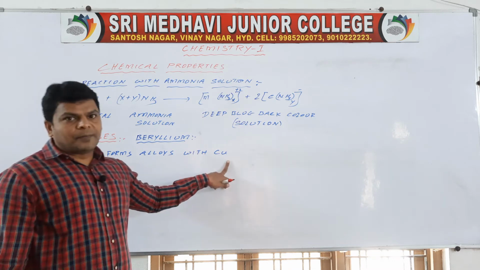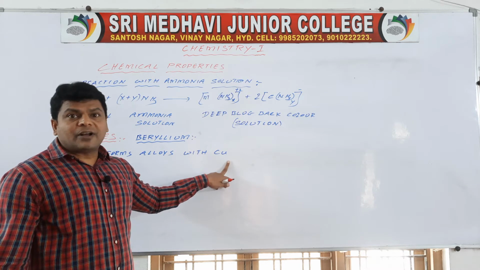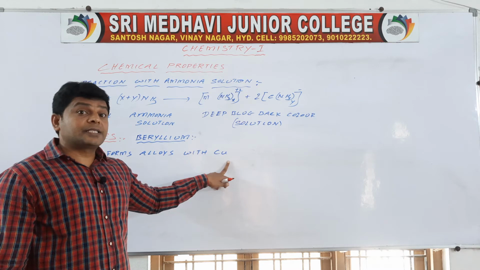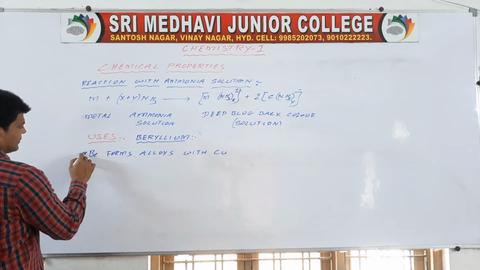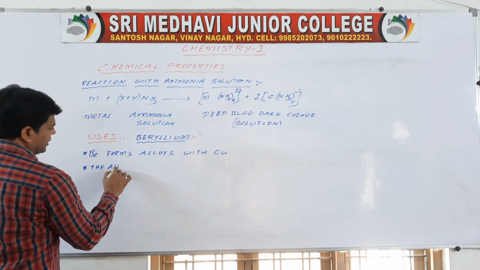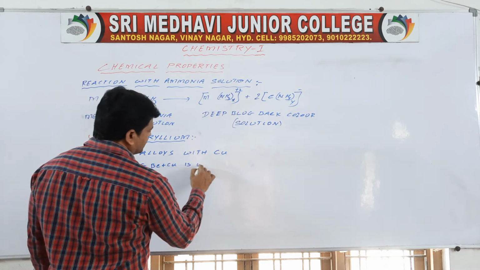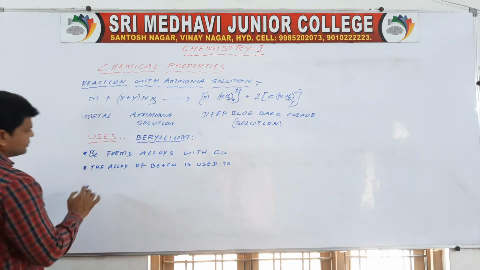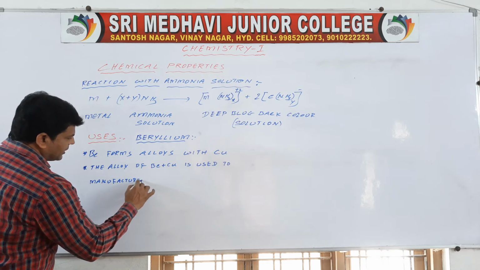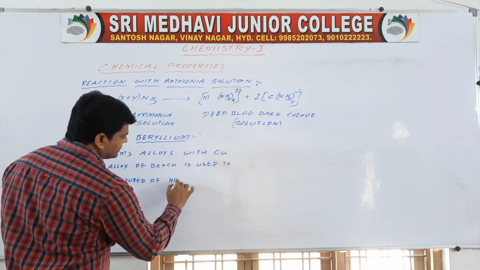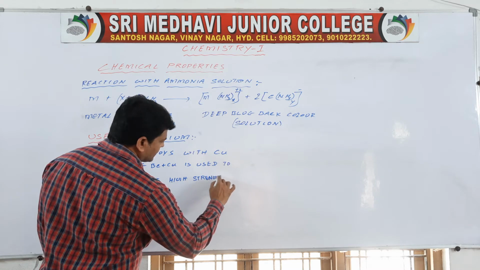The alloy of beryllium and copper is used in the manufacture of high strength springs.